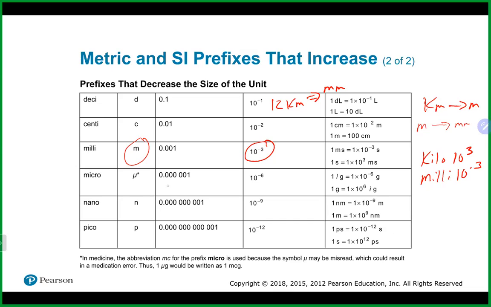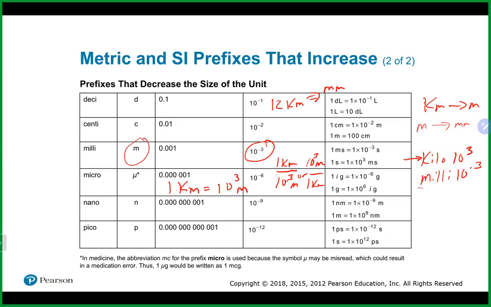That means that in 1 kilometer, there would be 10 to the 3 meters, which would come from this guy. That would give us 2 conversion factors that we could use, which is 1 kilometer over 10 to the 3 meters, or 10 to the 3 meters over 1 kilometer.